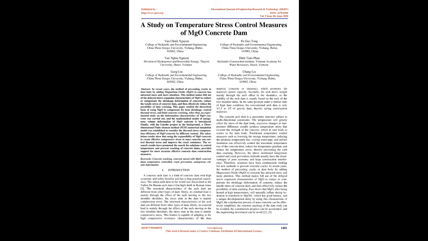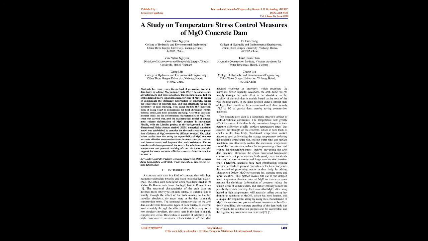Finally, with the Linxihe project as the background, a three-dimensional finite element method, FEM, numerical simulation model was established to consider the thermal stress compensation efficiency of MgO concrete with different content. The calculation results show that using the expansibility of MgO concrete to create effective compressive stress in mass concrete can control thermal stress and improve the crack resistance.